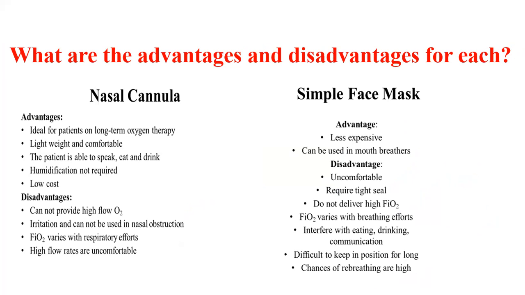Okay, there you can see the advantages and the disadvantages of the devices we use. For the nasal cannula, it has many advantages, and as you know, there have to be disadvantages also. For the advantages, it's ideal for the patient on long-term oxygen therapy, because it gives a flow of 1 to 5 liters per minute.